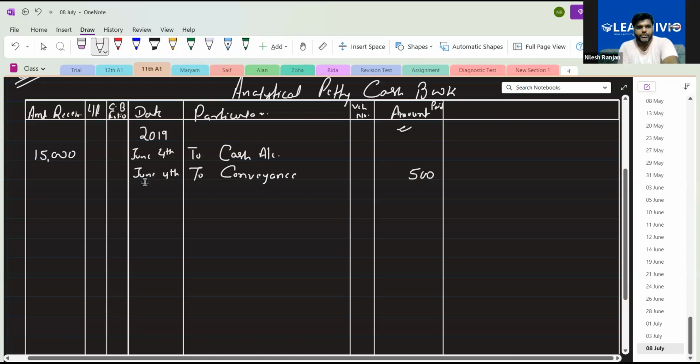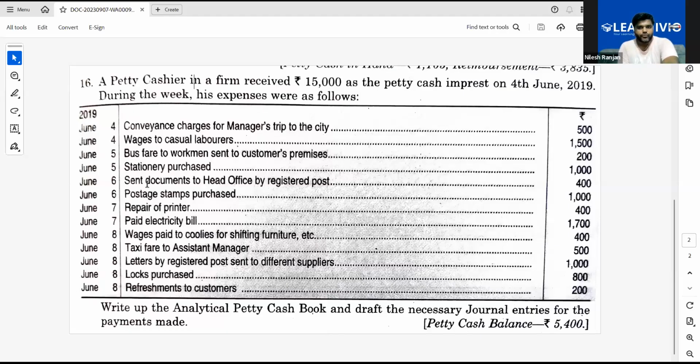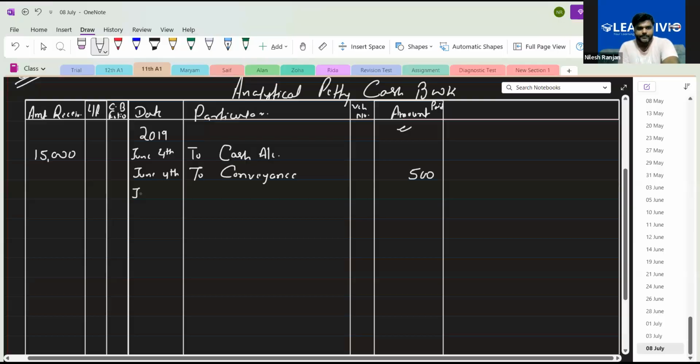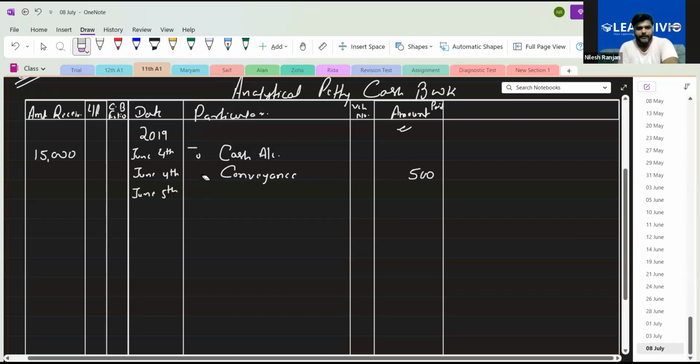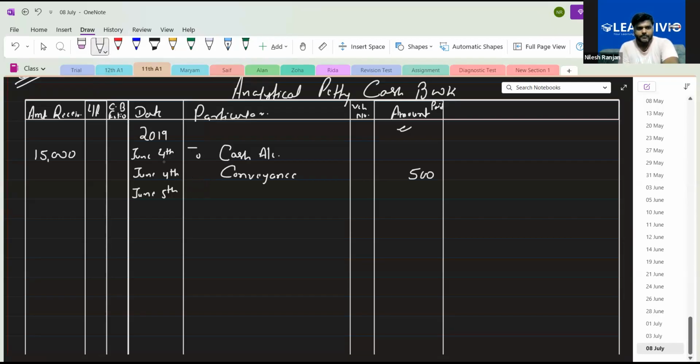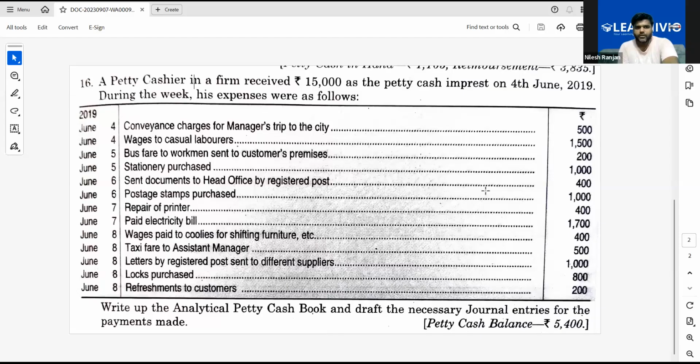Then wages on June 5th. Sorry, it will be by wages 1500.